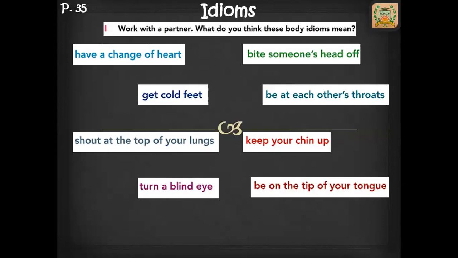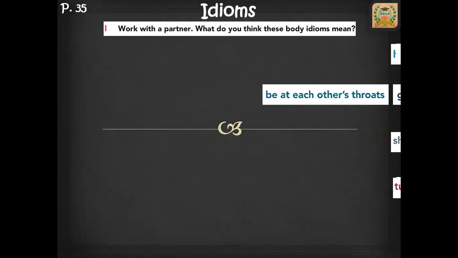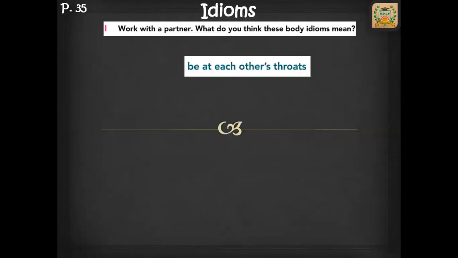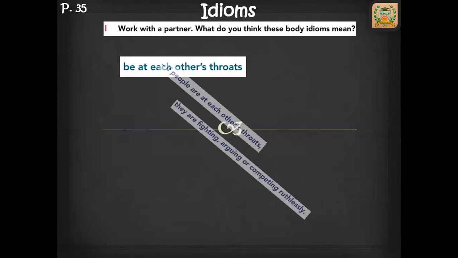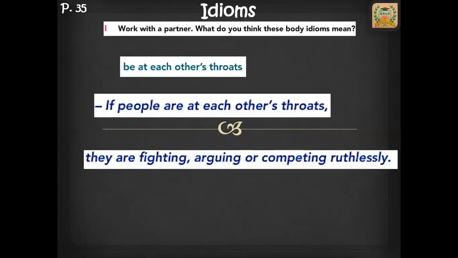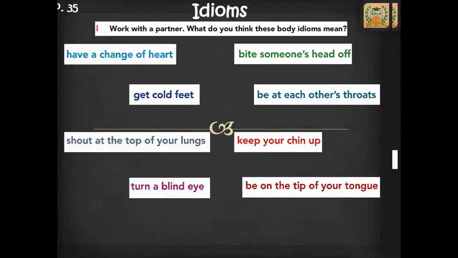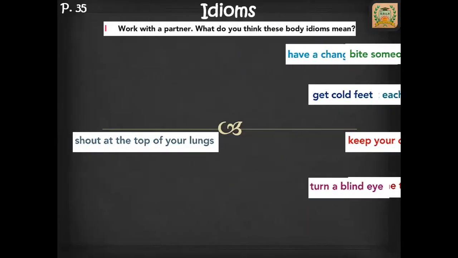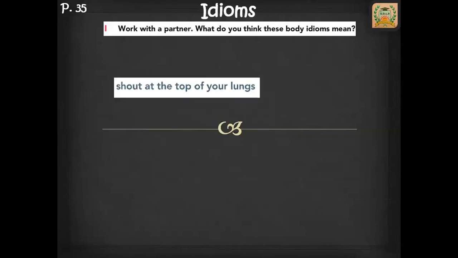Number 4, be at each other's throats. This means if people are at each other's throats, they are fighting, arguing, or competing ruthlessly. Shout at the top of your lungs.